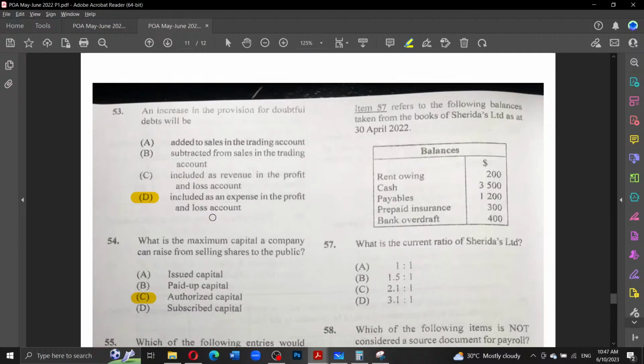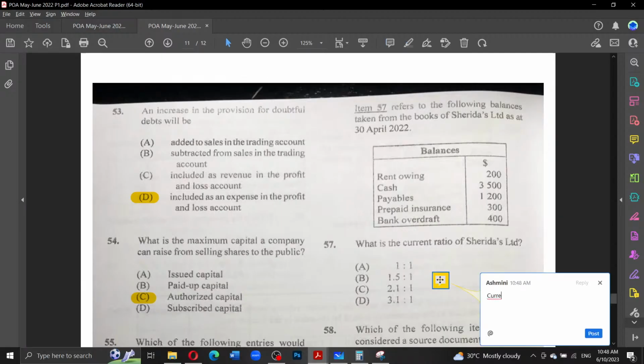Alright, let's move on. Item 57 refers to the following balances taken from the books of Sheridan Limited as at 30th April 2022. This looked like we did it before. Anyway, the current ratio is current assets divided by current liabilities, expressed to 1.